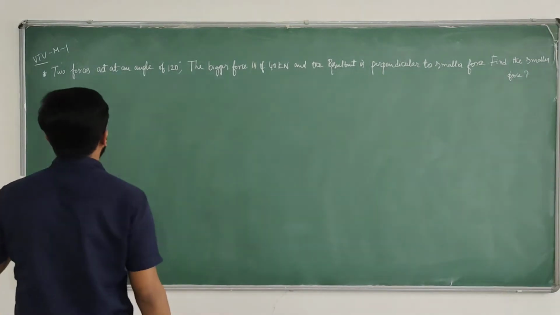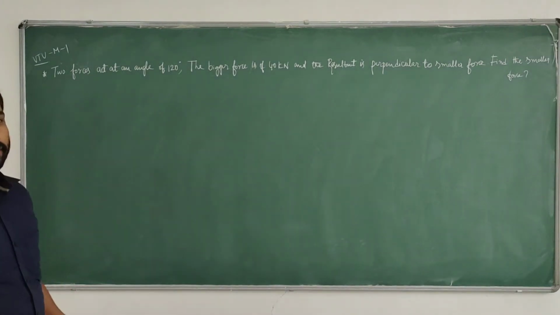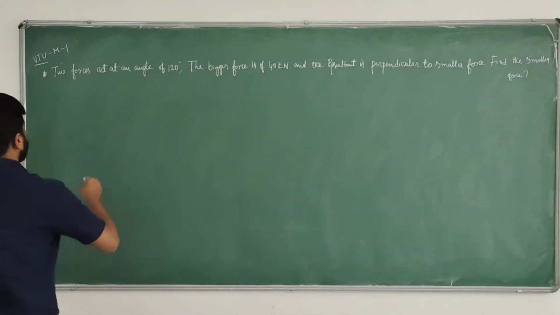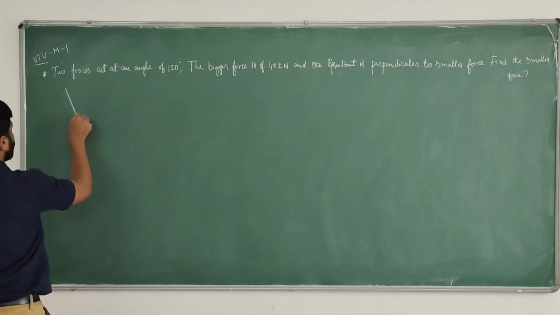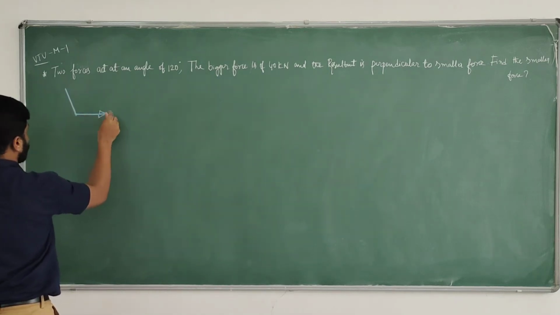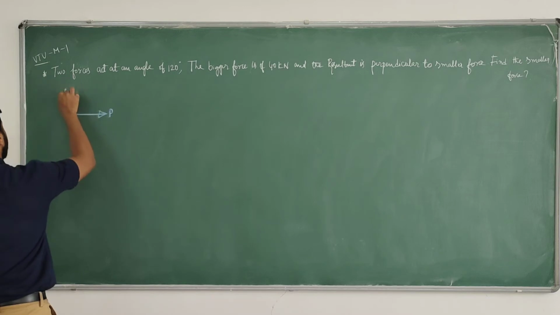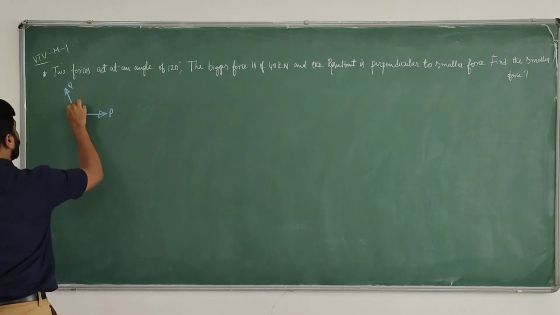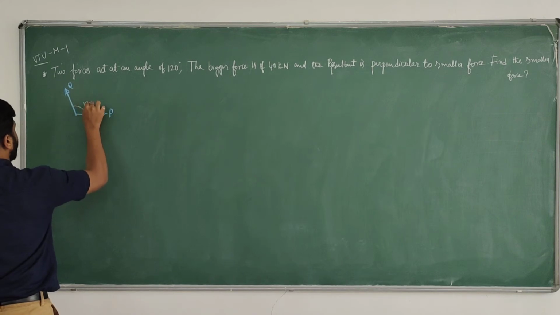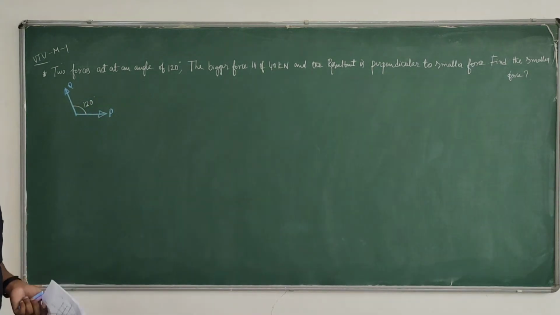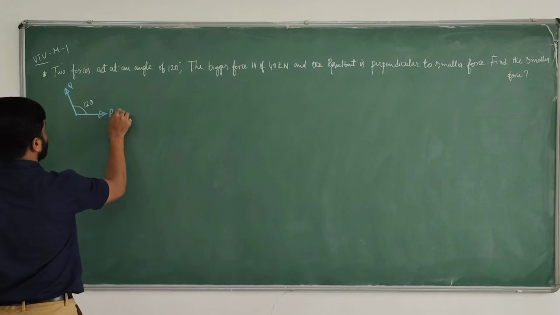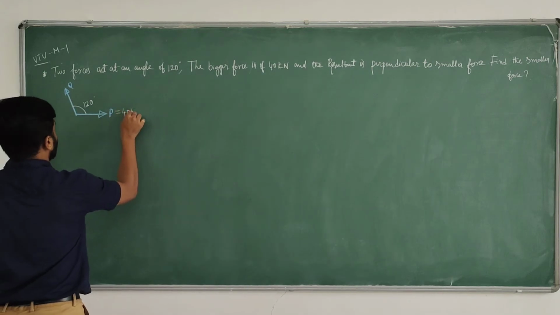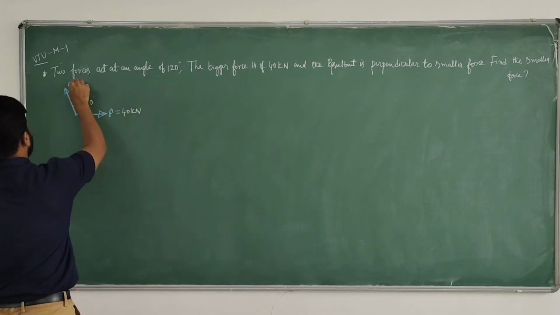So in this problem, two forces, say P and Q, act at an angle of 120 degrees. The bigger force is 40 kilonewton, say this is P equals 40 kilonewton.